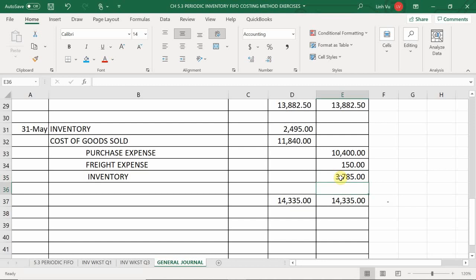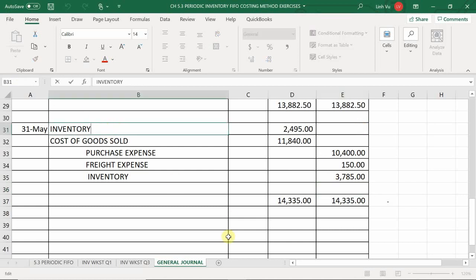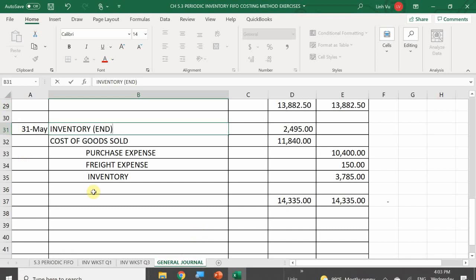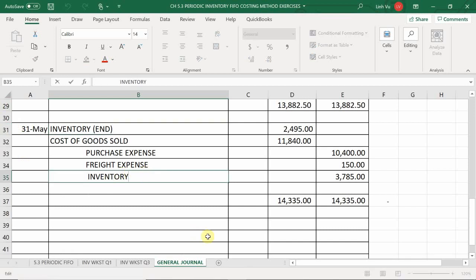One's going in and one's going out. But just for you to be able to tell the difference, you're always going to journalize your ending inventory first, and your beginning inventory last. And the little description here is to convert to inventory.